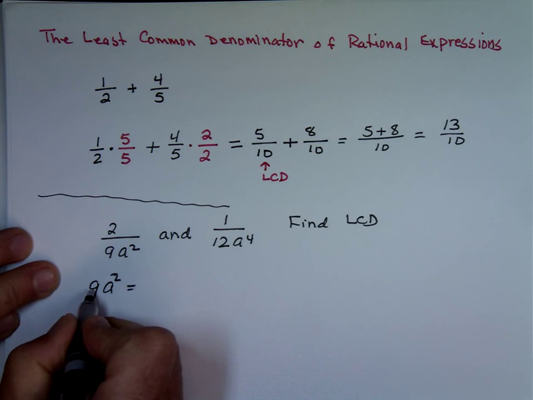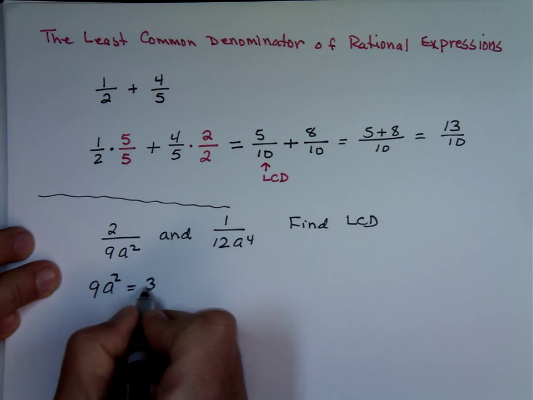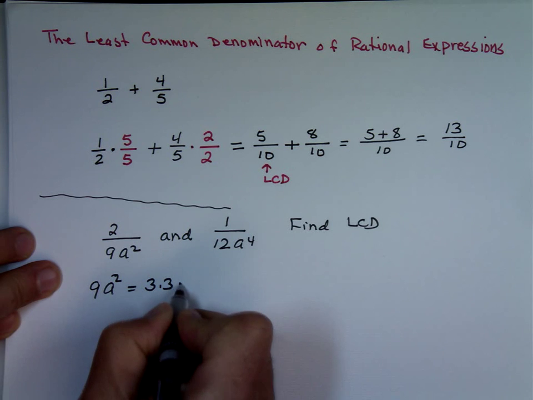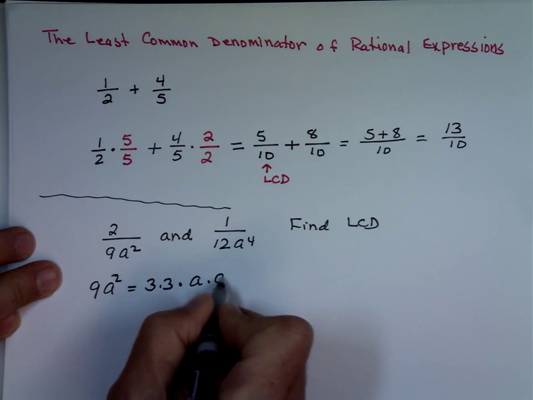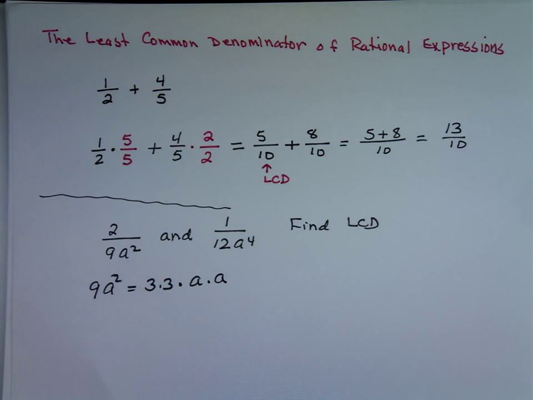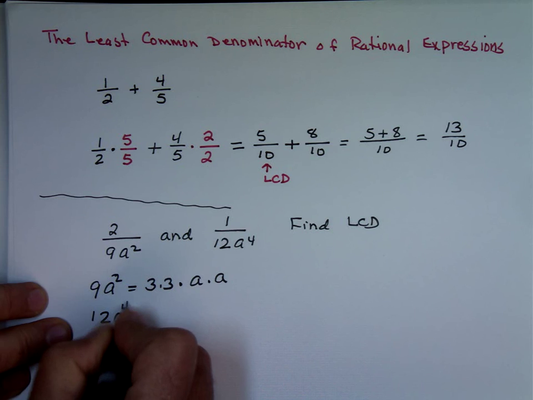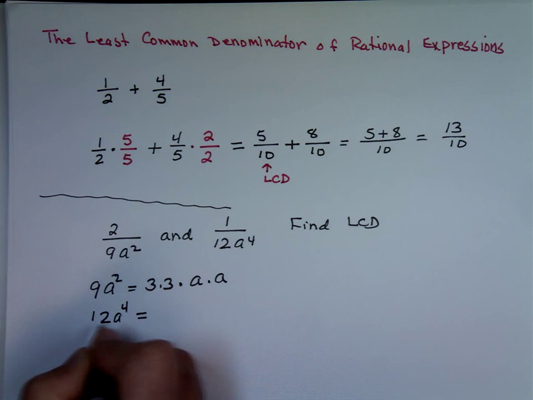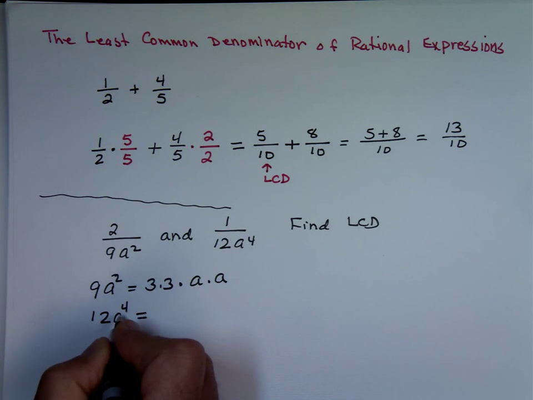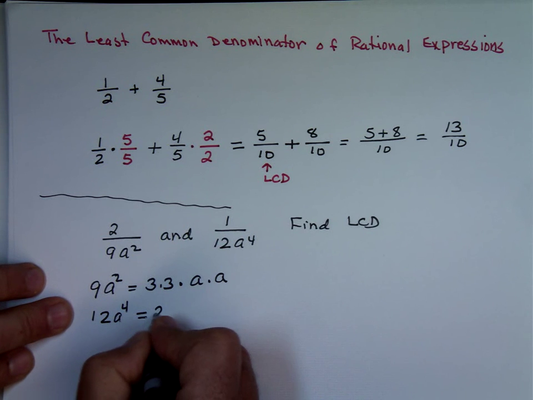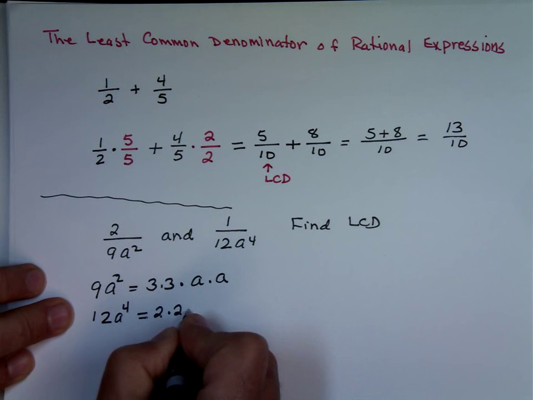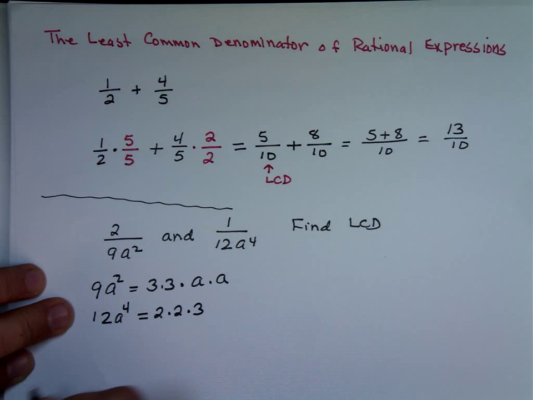9 is not a prime number. 9 is 3 times 3, and a squared is a times a. The 12a to the 4th: 12 is 3 times 4, but 4 is not a prime number. 4 is 2 times 2, so that's 2 times 2 times 3, that's a 12, times 4 a's.